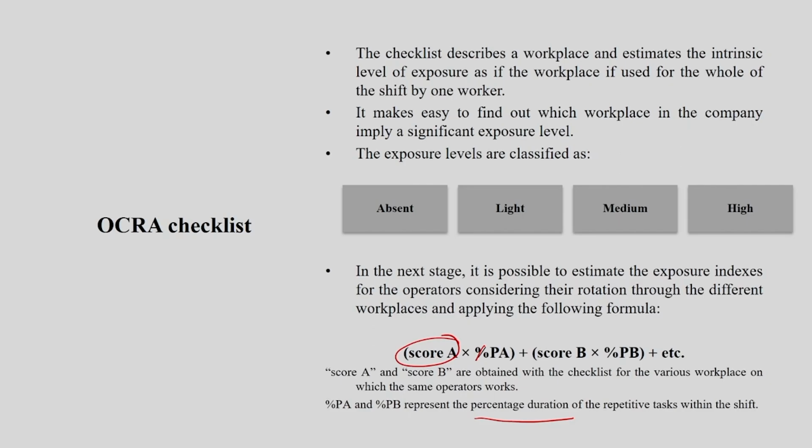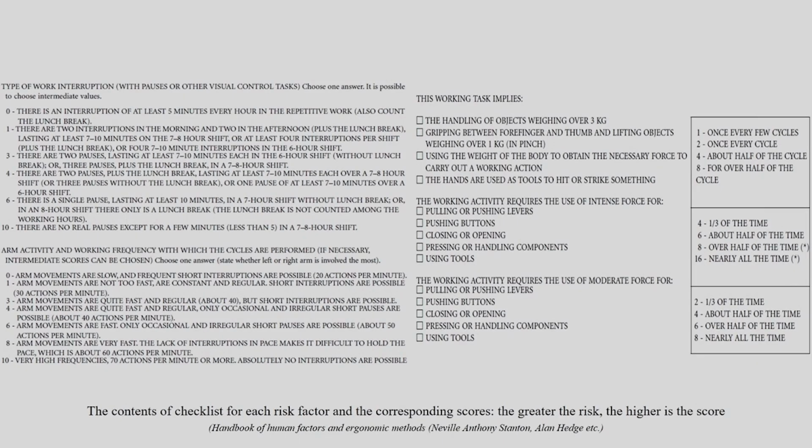This is the formula that we use, and this is the content of the checklist for each risk factor and the corresponding scores. The greater the risk, the higher the score value. So let us understand this. You can read it out, because it is very difficult in this forum to read all these questions. I suggest you refer to the handbook, or you can download the original paper to get this checklist and read it.